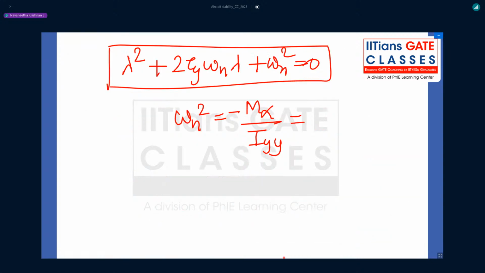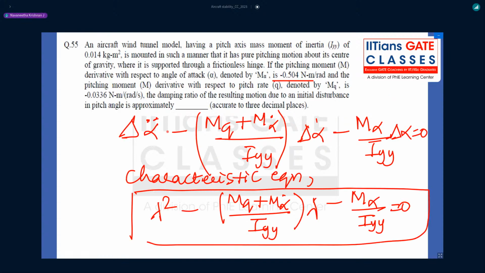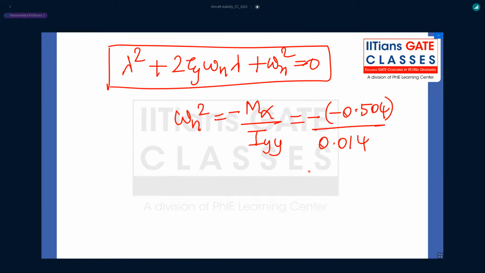So minus of minus 0.504, and I double y is given as 0.014. So omega n is minus into minus, it will become plus. Omega n will become root of this value. So omega n becomes 6 radian per second.